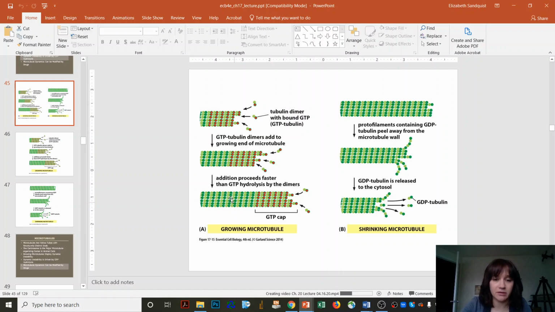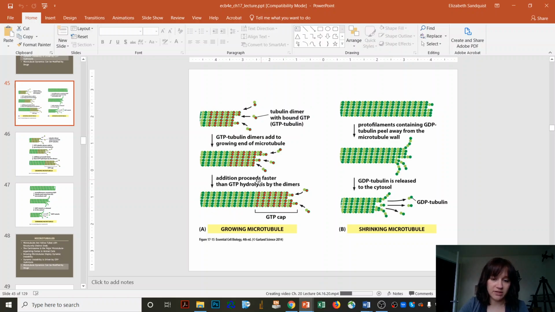dynamic process. Right, so this GTP-bound tubulin is going to associate better with the microtubule, and if you have enough of it for a cap, even though the rest of the tubulins that are bound to GDP don't associate as well, they're not likely to escape or fall apart when this cap is present. Only when the cap goes away. And so how does this cap go away?